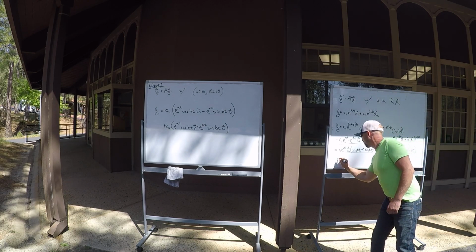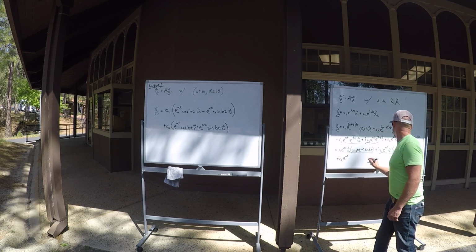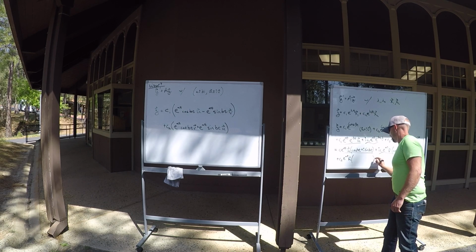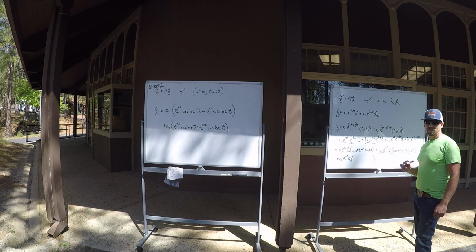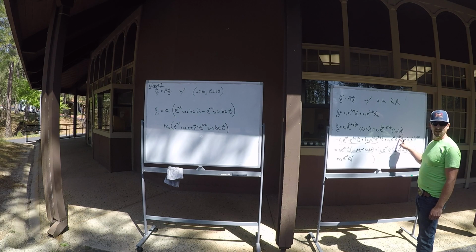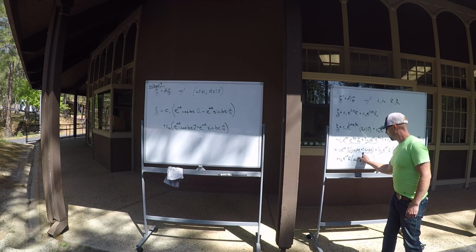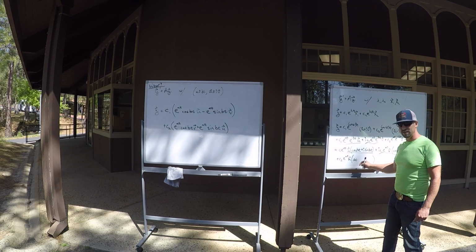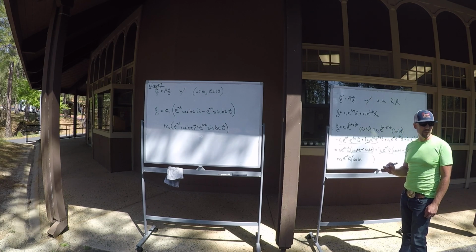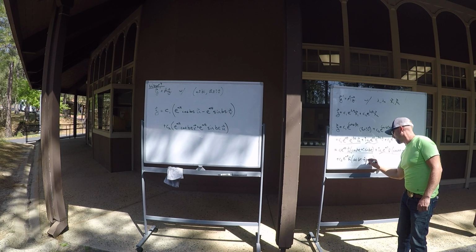So I've got plus c2 e to the at, that one's going to be times u. With me? And then this guy's an e to the minus ibt, so I should have cosine of minus bt, which is cosine of bt, since cosine is even, and then minus i sine of bt.